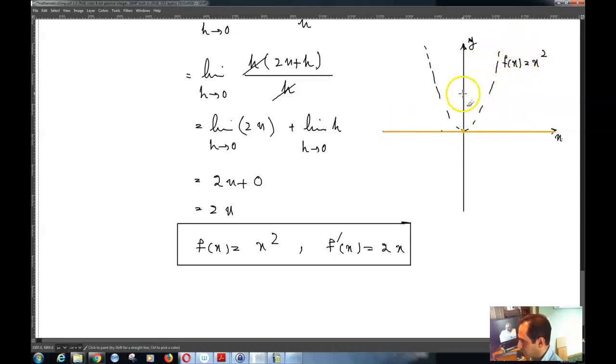At point 1, for example, suppose that you have at this point 1 and 1, and then your function goes through this point. And at 2 it goes through 4, for example, 1, 2, 3, and 4, so it would be something like this.